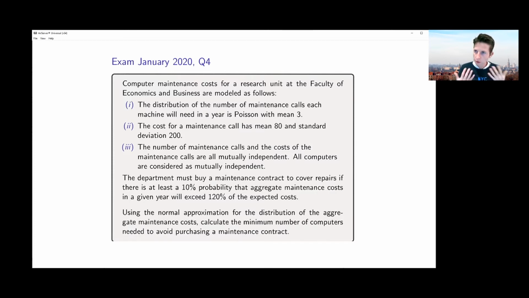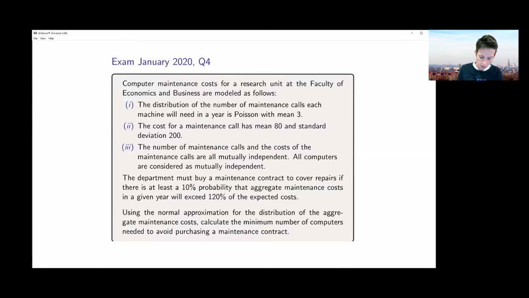We have computer maintenance costs for a research unit at the Faculty of Economics and Business, and they are modeled as follows. We have the distribution of the number of maintenance calls each machine will need in a year, and that is Poisson with mean 3. So that means that the lambda parameter is equal to 3, and that is capturing the number of maintenance calls per machine in a year, let's say.